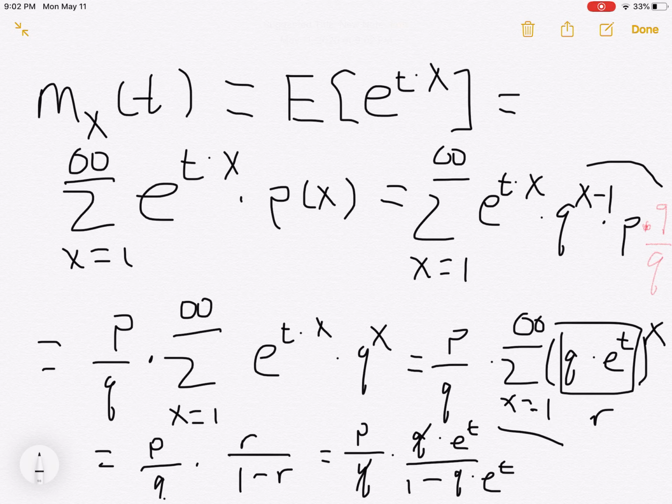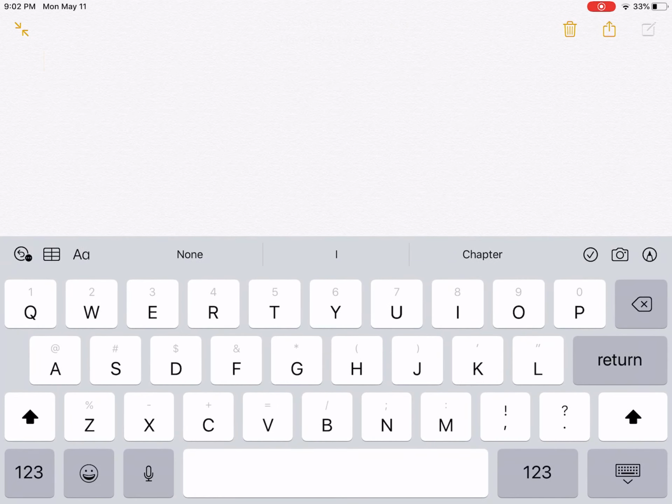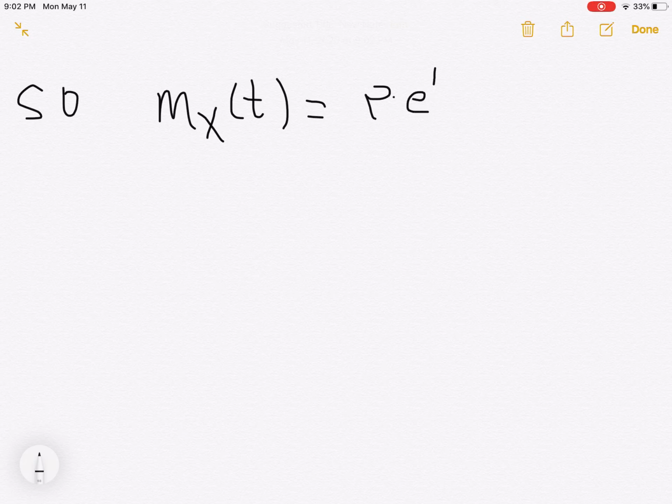We can now simplify this to be P e to the t divided by 1 minus Q e to the t. So just to quickly write that again, M_X of t is going to be P times e to the t divided by 1 minus Q e to the t.